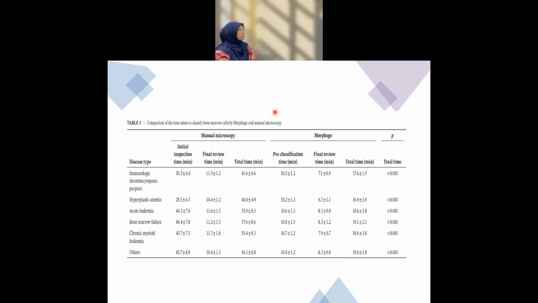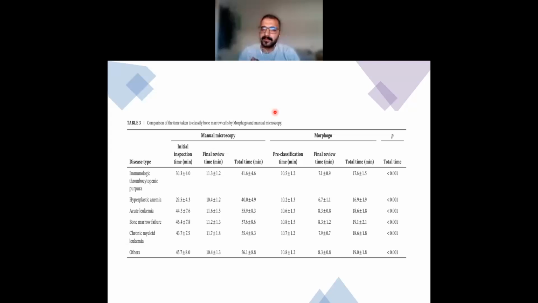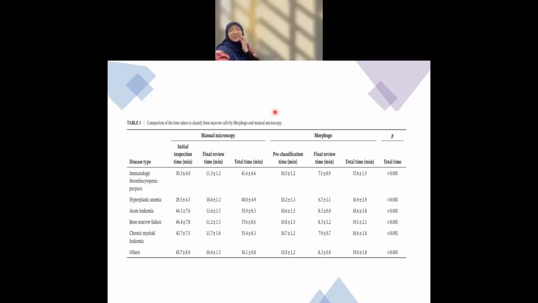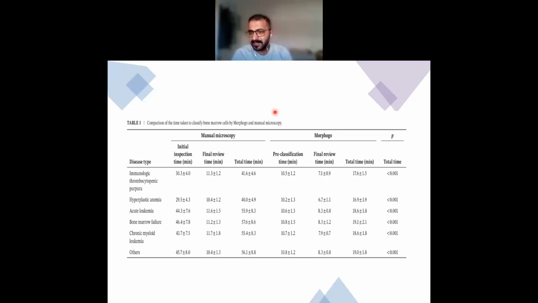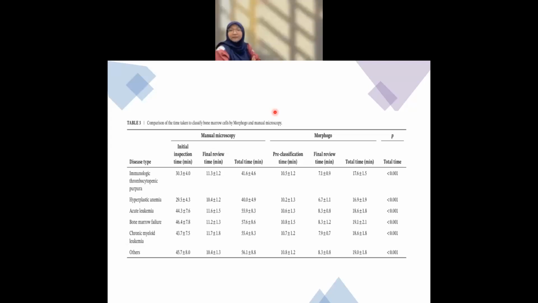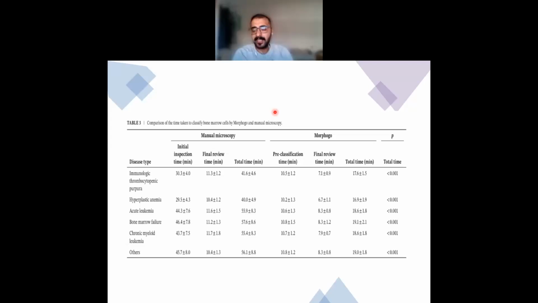And I think the machine itself can process more samples at the same time. The time taken here for Morphogo is the pre-classification and final review, right? So you still need a human to check.